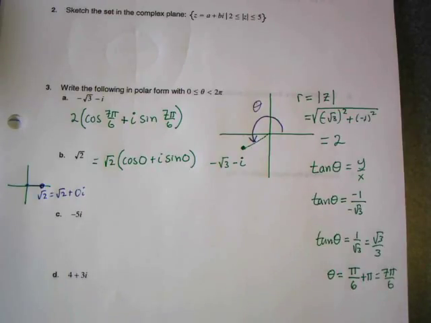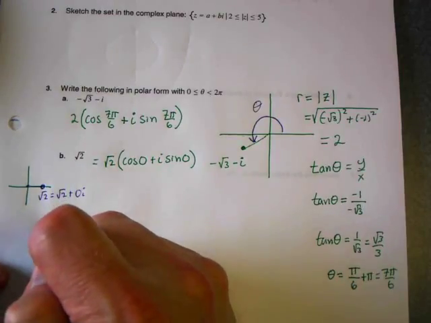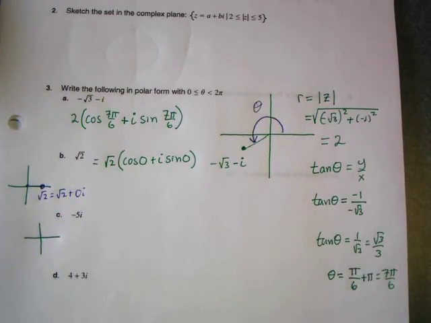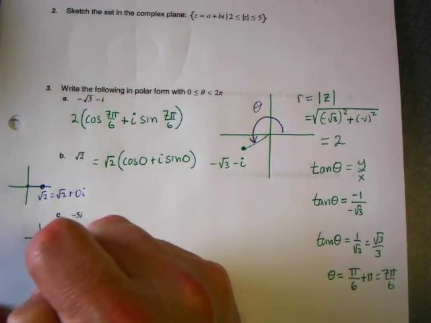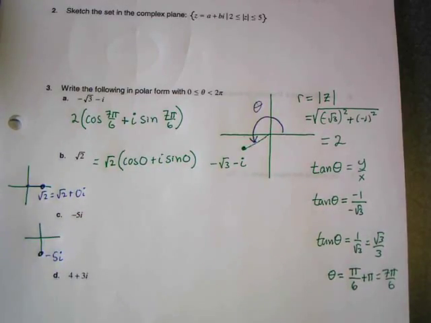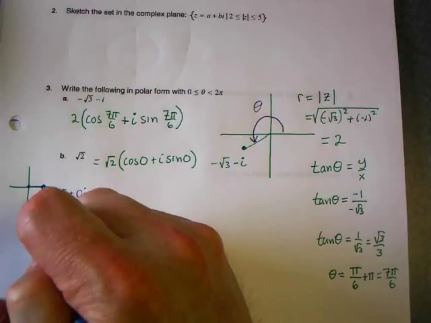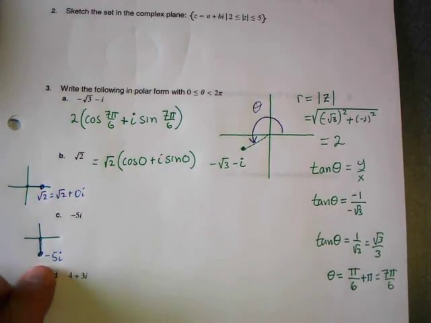All right, negative 5i, I think that's a pretty easy one too. Where's negative 5i if I graph it? Straight down, it's down here. Negative 5i. So what's the length? How far is it from the origin down to negative 5i?